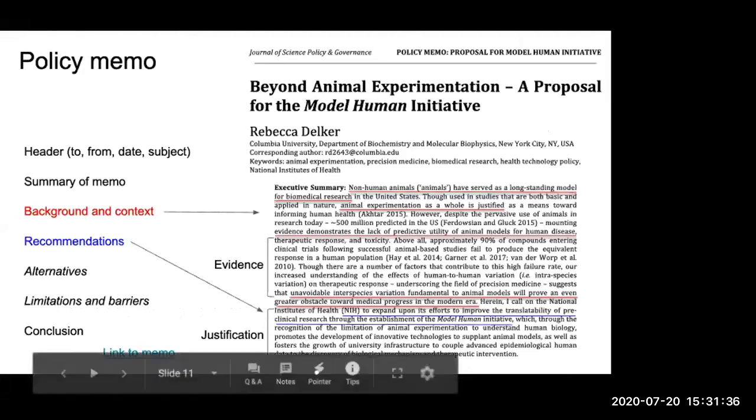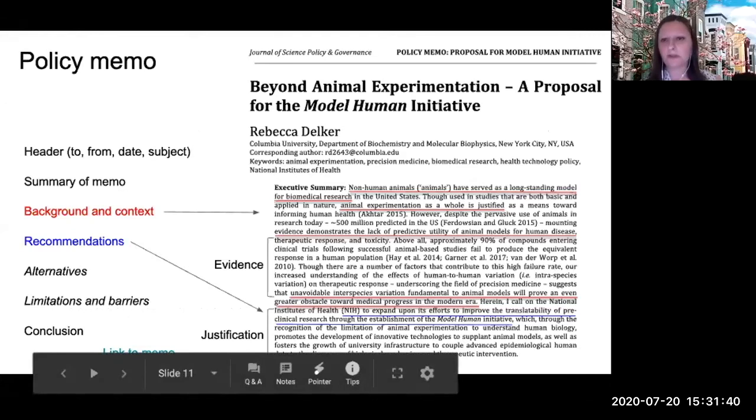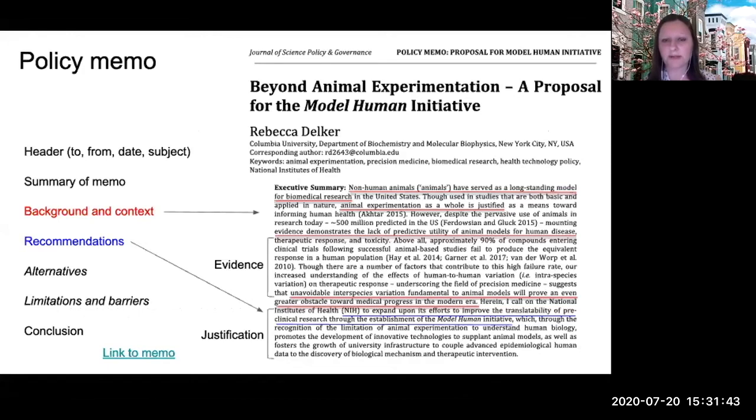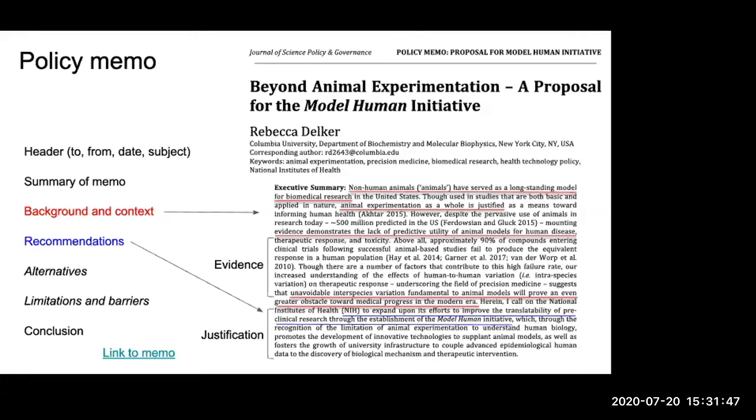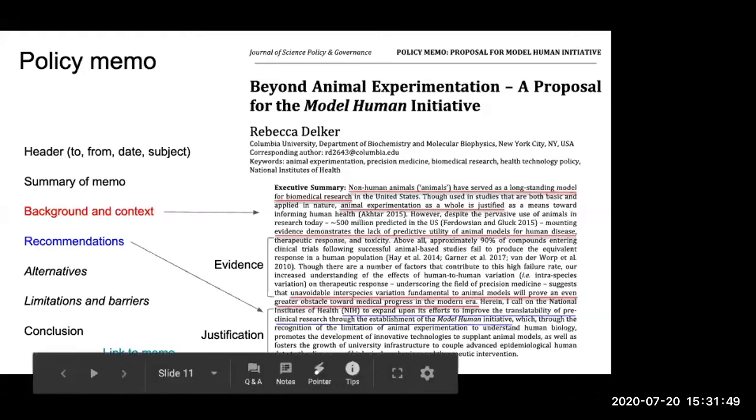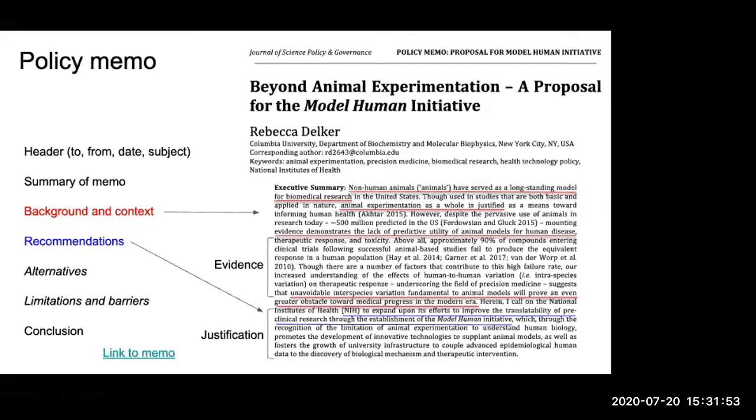So just remember these are for individuals, organizations, or particular decision makers, and they're very clear and to the point, and follow this structure of what do we know, what do we recommend, what the limitations of the study are, and then barriers to that particular policy, and conclusions.